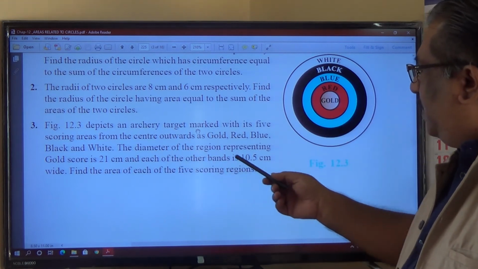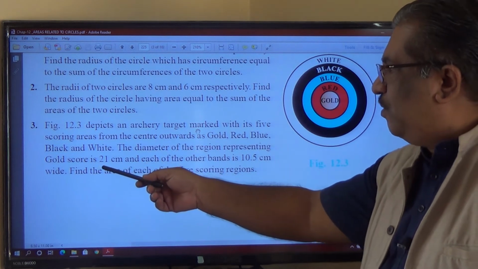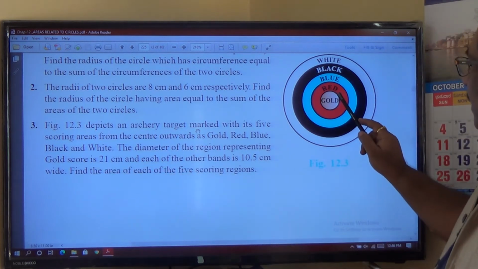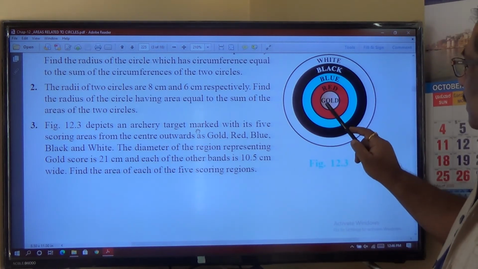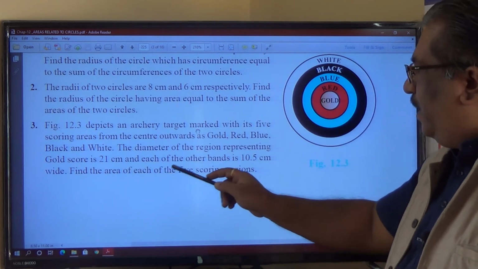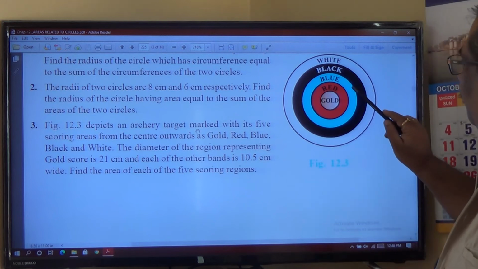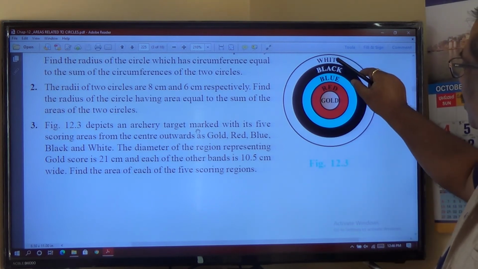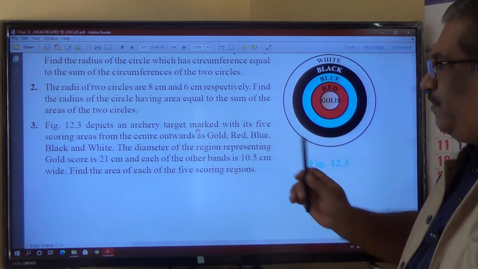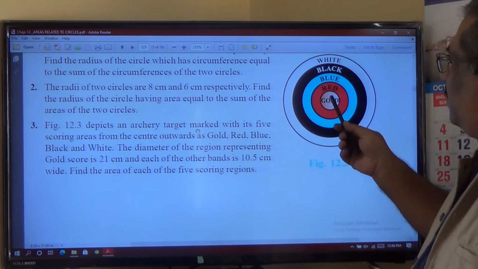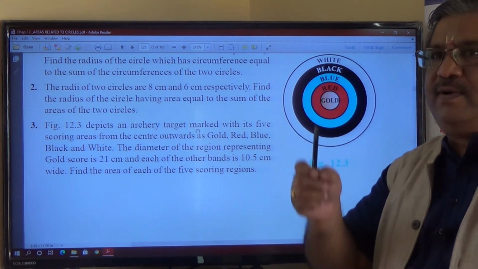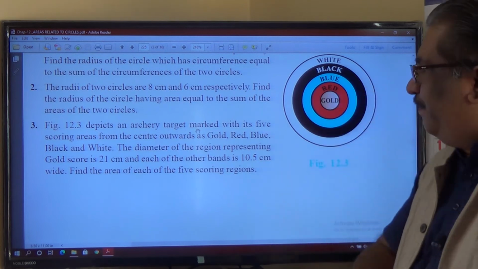The diameter of the region representing the gold score is 21 centimeter. So inside this circle, the diameter is 21 centimeter, and each of the other bands is 10.5 centimeter wide. That means this particular width of each band is 10.5 centimeter. So in order to get the radius of different circles, we have to add that 10.5 band width.